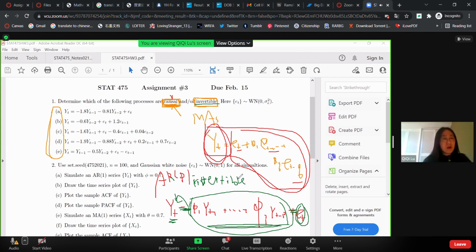Okay, so the first one is AR(2), right? The second one is ARMA, and you have to determine the order here.